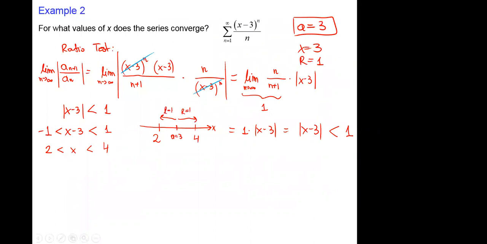Okay. But now we still have one thing to do. We know what that one is. That means I can say that an interval of convergence is between 2 and 4, but the problem is the endpoints, right?